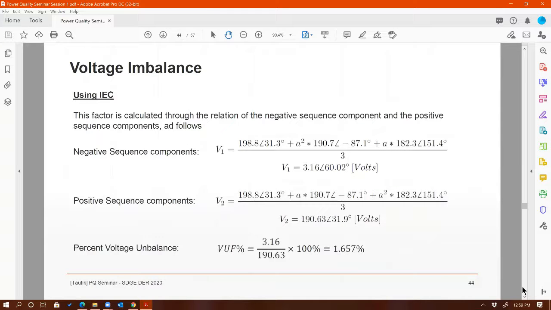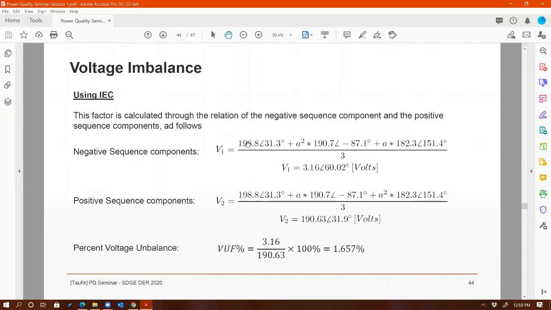Okay. This last one, don't worry if you haven't taken 406, 407, you probably don't know how to calculate sequence components from phase quantities. So don't worry about this if you have not taken 406, 407, but it is still good to know that IEC is calculating the three-phase percent imbalance based on sequence components instead of phase components.